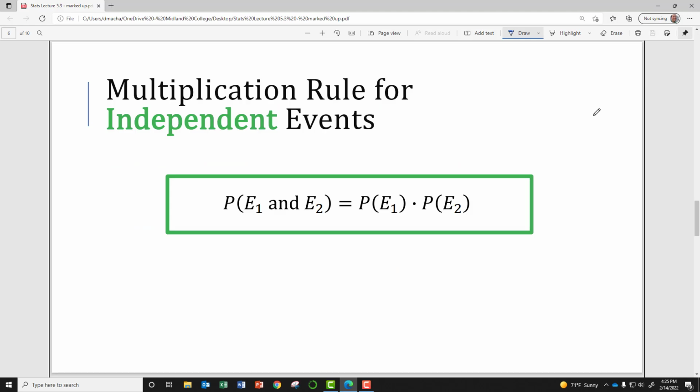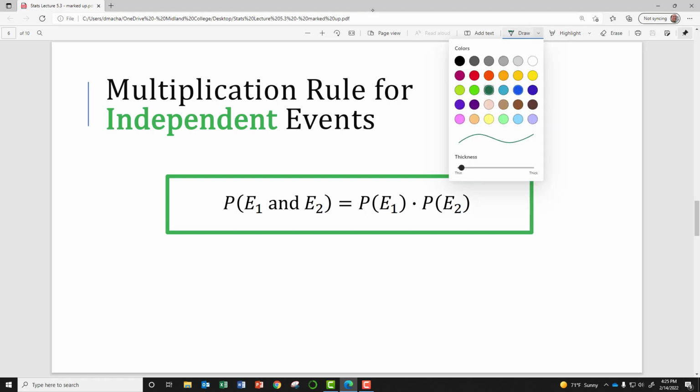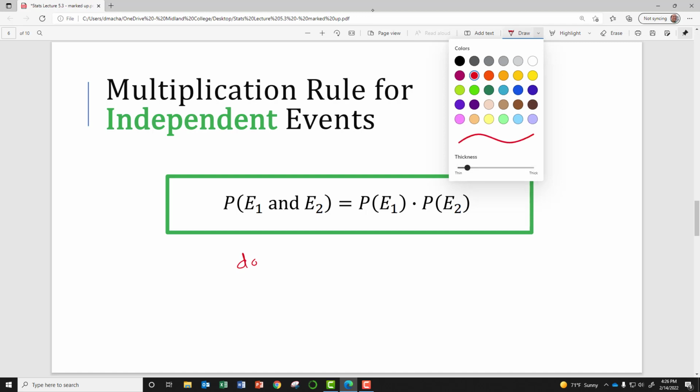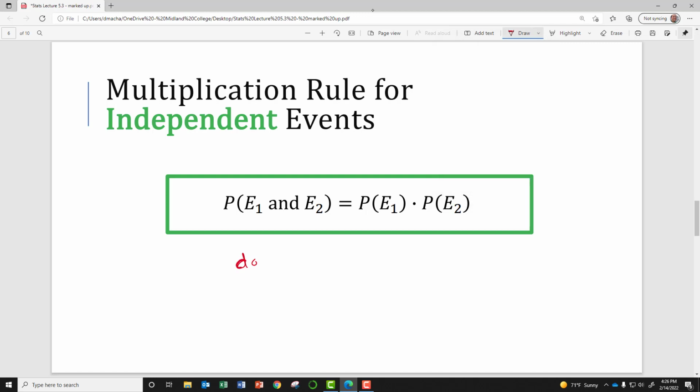This is what we call the multiplication rule for independent events. So this only works for independent events, and this would fail if you had dependent events. So let me point that out here: take a moment to appreciate what this little rule is saying, but this little rule does not work for dependent events.